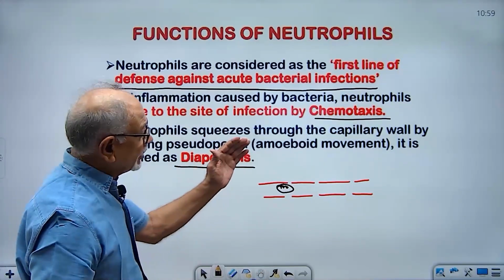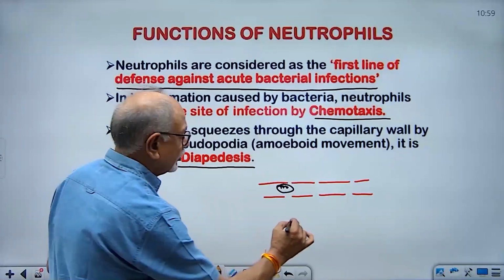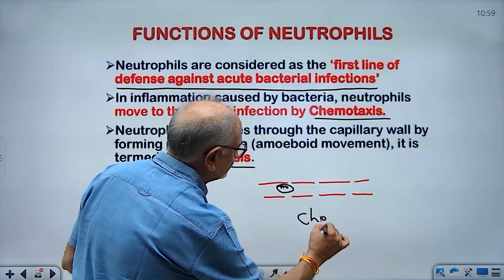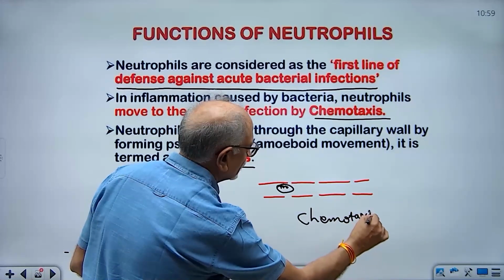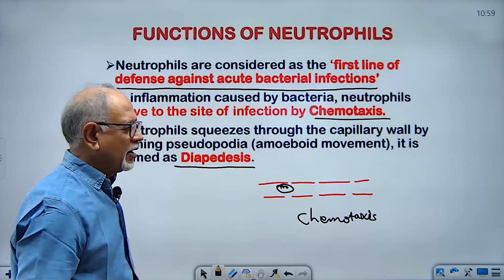It will be attracted by chemotaxis. Now what will happen?